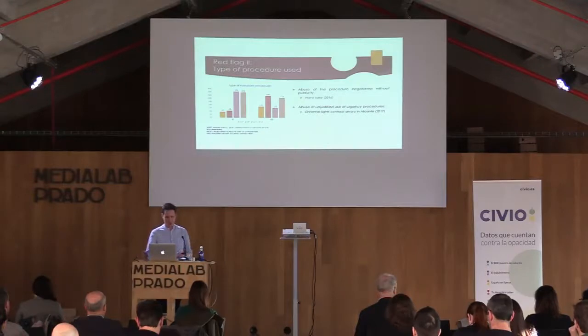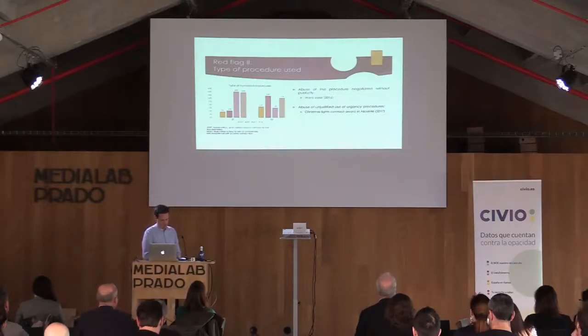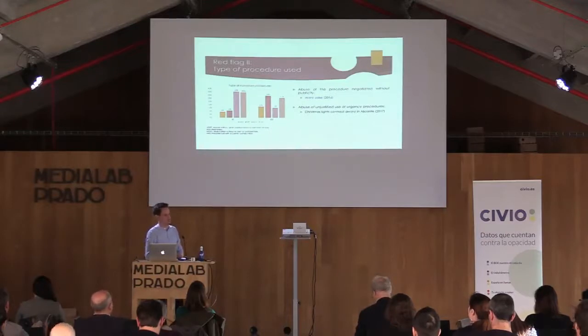I will not get into much detail because of time constraints, but there was a case in 2016 where 3 companies were invited to bid for a contract of 64,000 euros. 2 of the companies were from the same business group, and the economic activity of the third company was not even related to the object of the contract, which is, once again, very interesting.